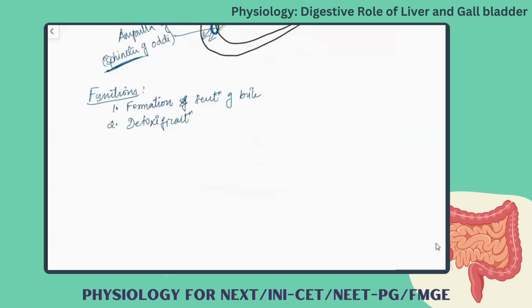Which cellular organelle is rich in liver to perform this detoxification process? Anyone? Which cellular organelle of the liver is performing detoxification? Just listen to the question. Peroxisome. Yes. When you study the cellular organelles, the peroxisome is the place where oxidative damage is prevented.